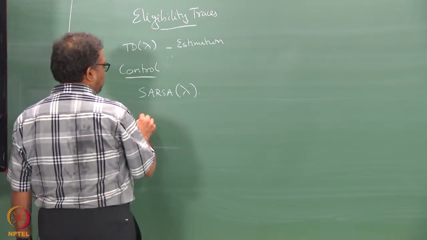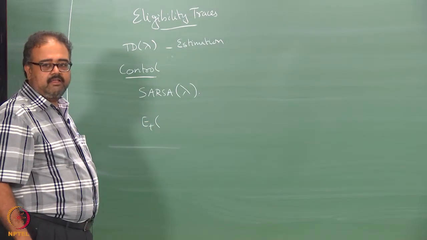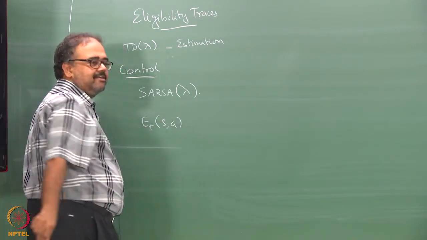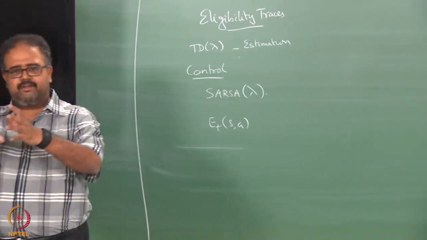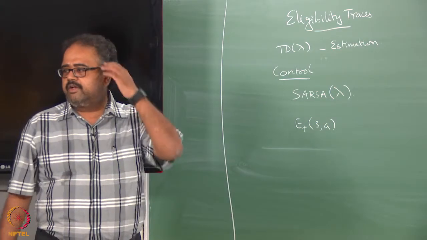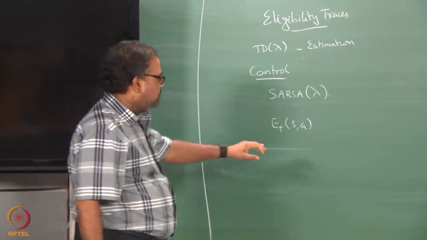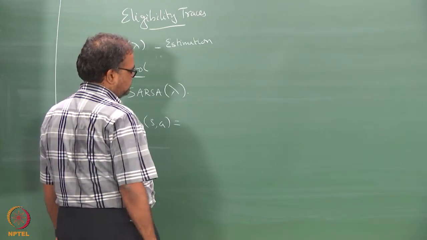So essentially what I do now is I introduce an eligibility trace for state comma action pair, just like you went from state values to action values for Q learning and SARSA, so you go to state comma action pairs. You have an eligibility trace like this, and how do I update it?